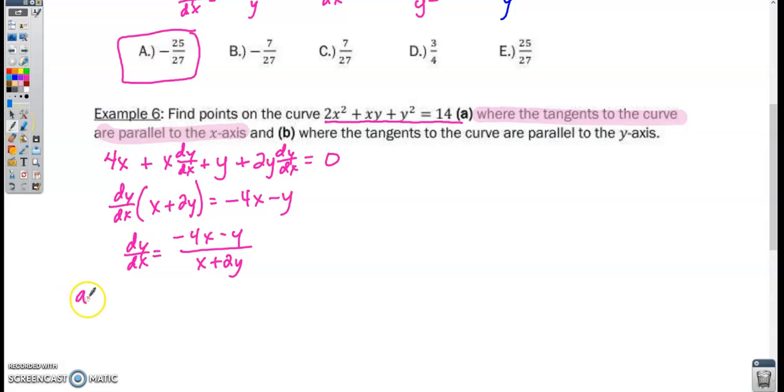So that means in part A, what am I looking for? In order for a tangent to the curve to be parallel to the x-axis, to be horizontal, what has to be true about a tangent line if the tangent line is horizontal? And that means that we need the slope of the tangent line to be 0.